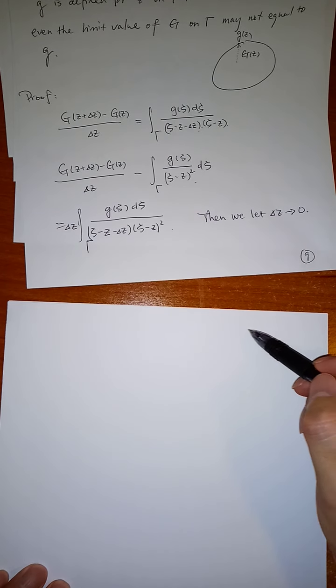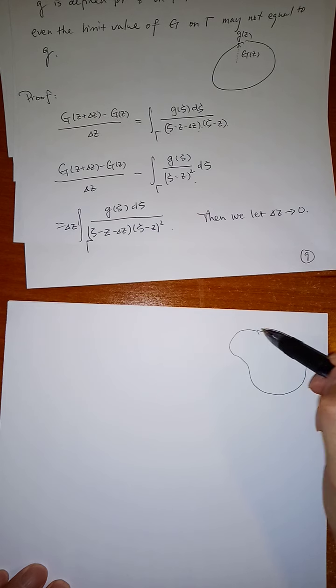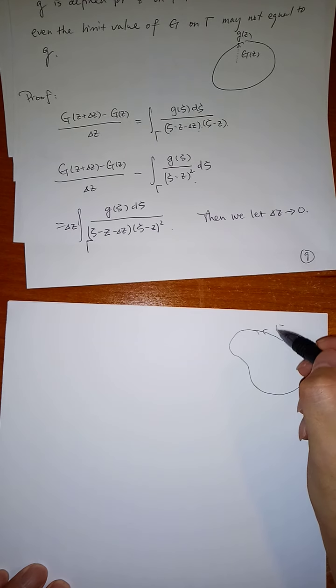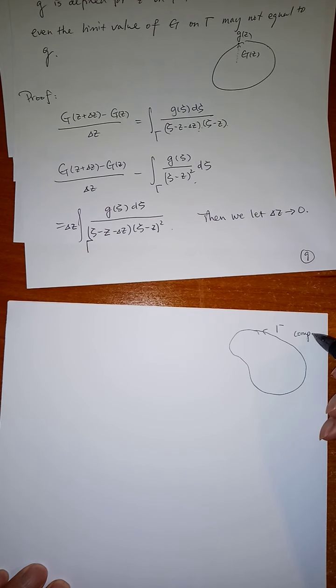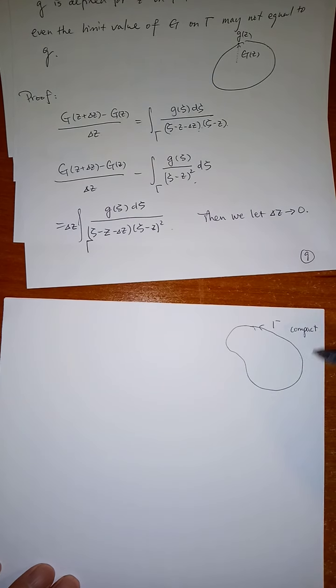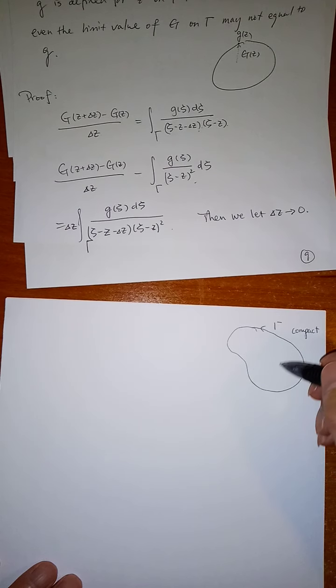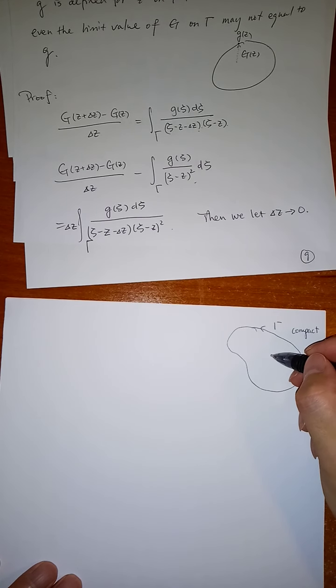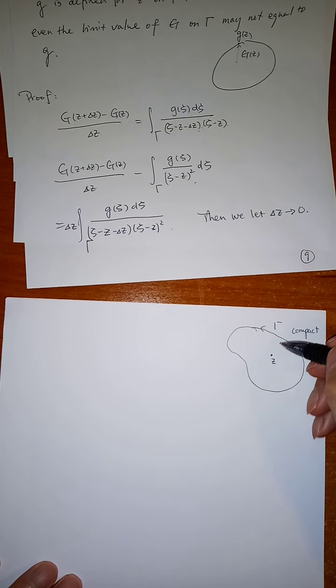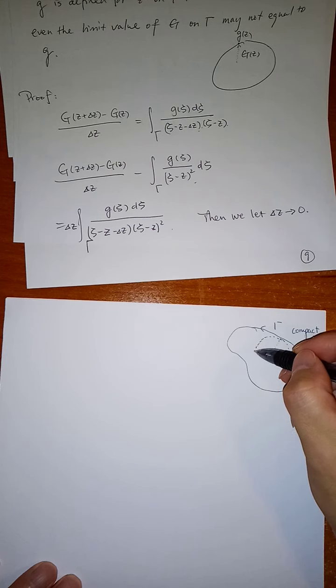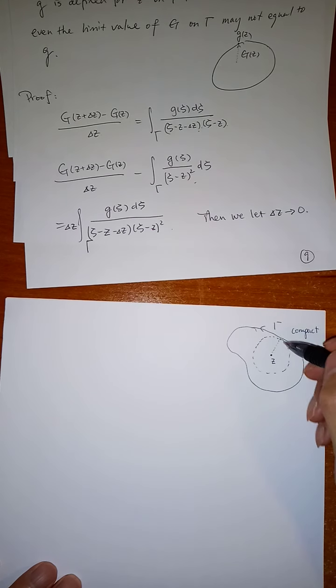You have a curve gamma, compact. It's an image of [0, 1]. Gamma is continuous, so the image is compact. And you have the point z. The distance between z and gamma, we call d.